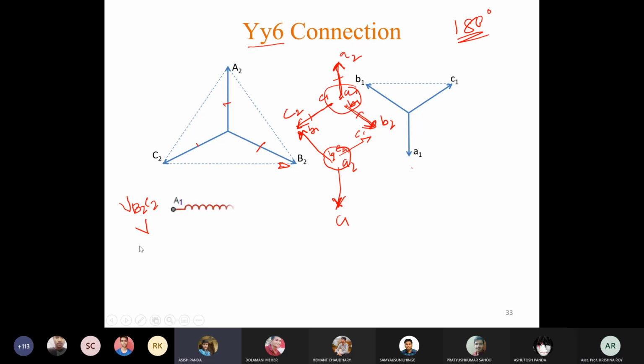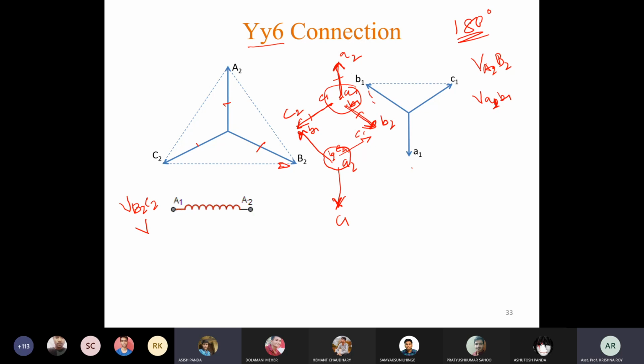Okay, so here we can see the phase angle between V A2 B2 and V small A1 B1.